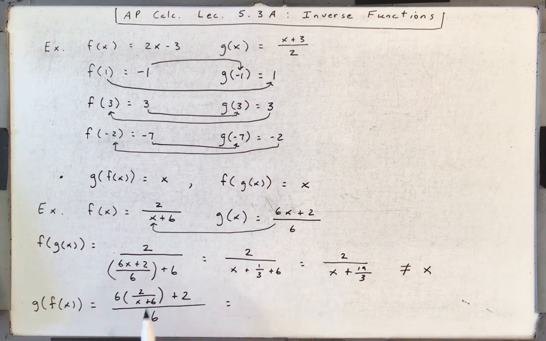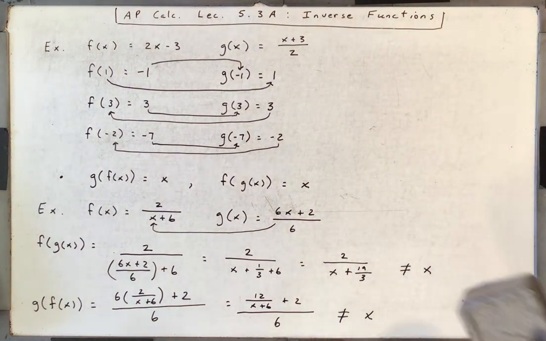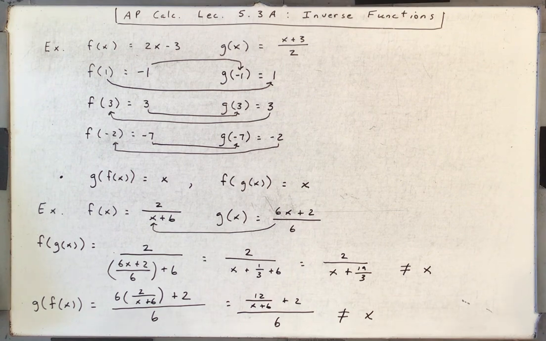All right, so let's see. That's going to be the same as 12 over (x plus 6) plus 2 over 6. And I'm going to tell you now, you can do all the work you want on this. This is not going to simplify down to x. Okay, so those first two we looked at are not inverses.